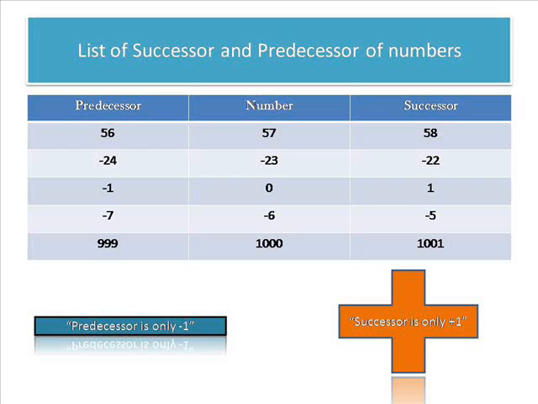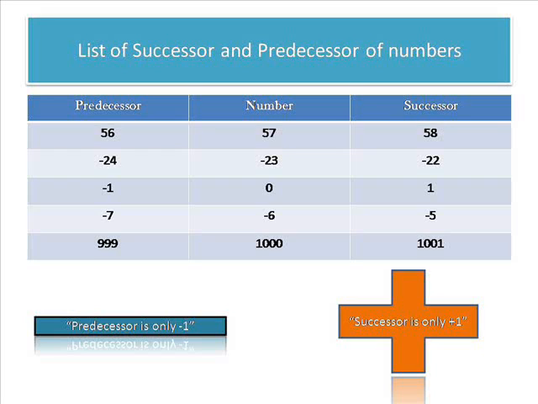For number 0, 1 is successor and -1 is predecessor. For another negative number -6, -5 is successor and -7 is predecessor. For number 1000, 1001 is successor and 999 is predecessor.